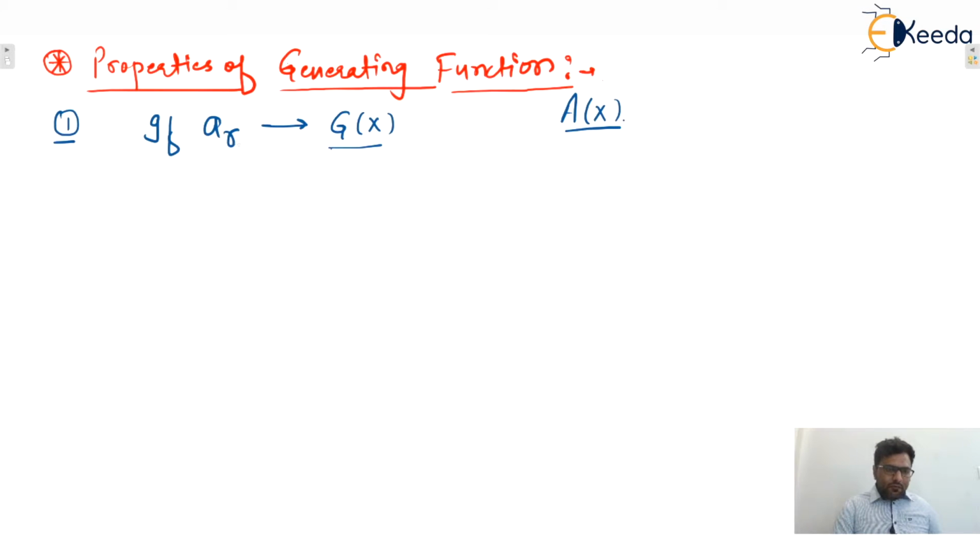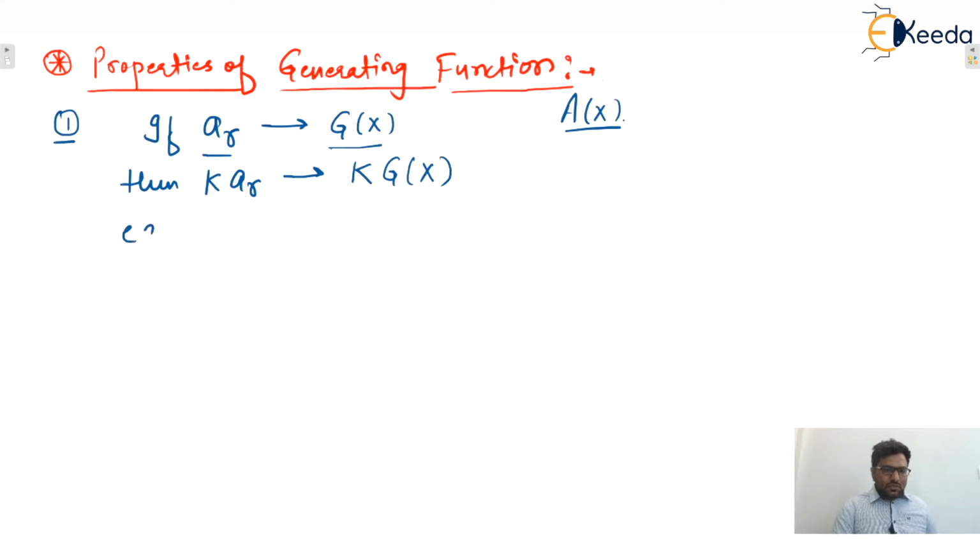So for any sequence, the corresponding generating function is g(x). If that sequence is multiplied with any constant k, that is k times a_r, then the corresponding generating function will also be multiplied with that constant.